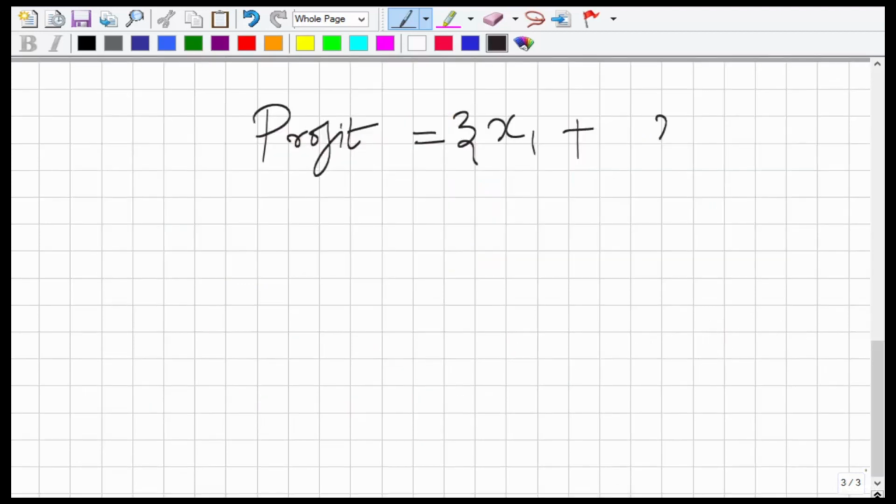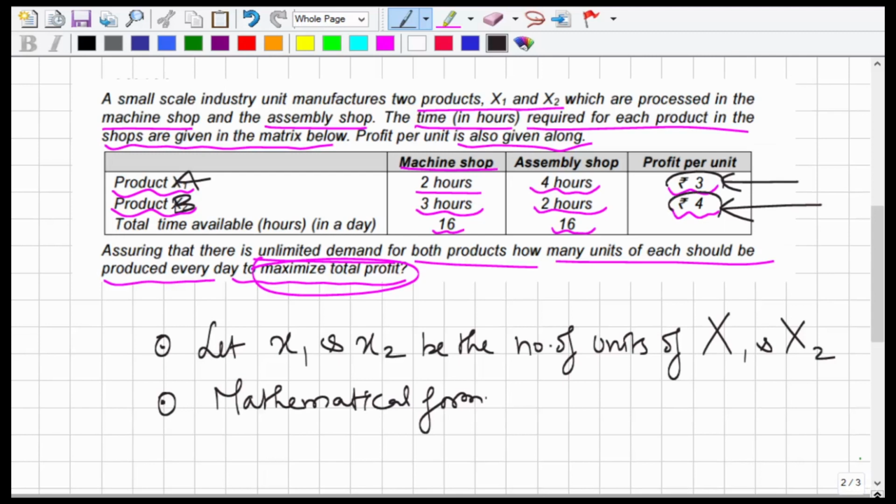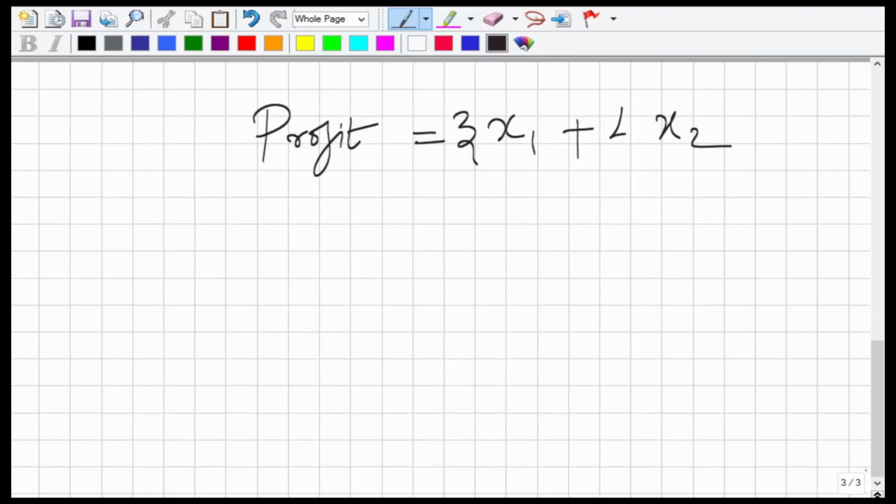What is the profit per unit? Profit per unit is 4. So 4x2. So this is the objective. The objective is that you should have maximum profit. That is, you are going to make a profit of 3 on product A and 4 on product B. You have to sell a certain number of units so that your profit is maximum.